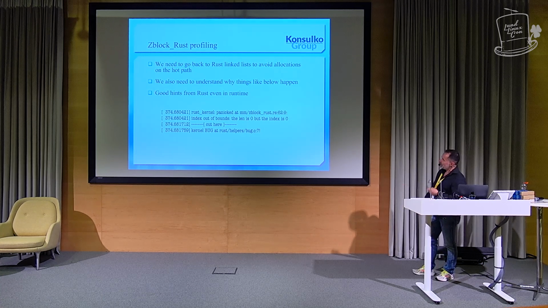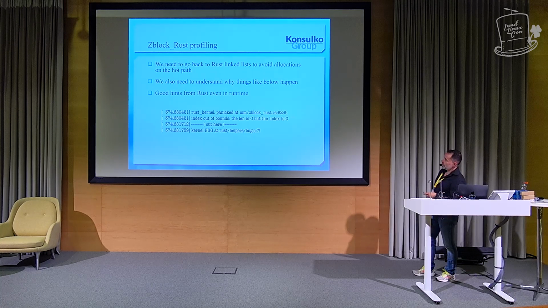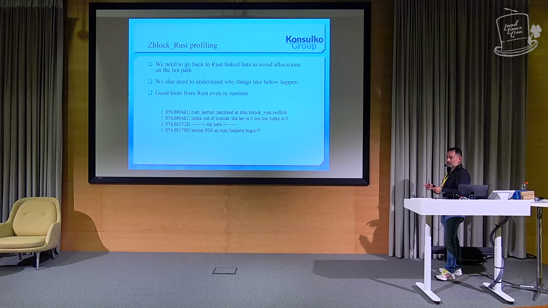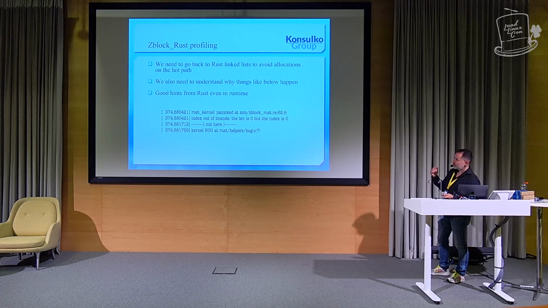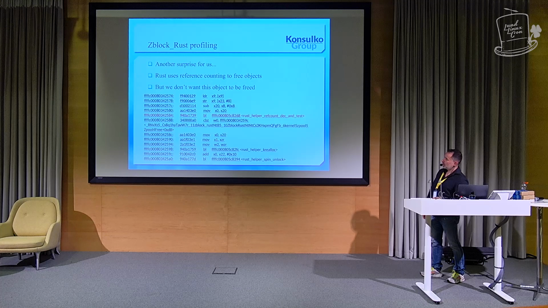So we needed to go back to linked lists, and that actually turned out to be working fairly well. Another thing: I was criticizing Rust quite a bit before, but the good thing that we got from Rust is that we had good hints from Rust at runtime, like this one, which came as a surprise.